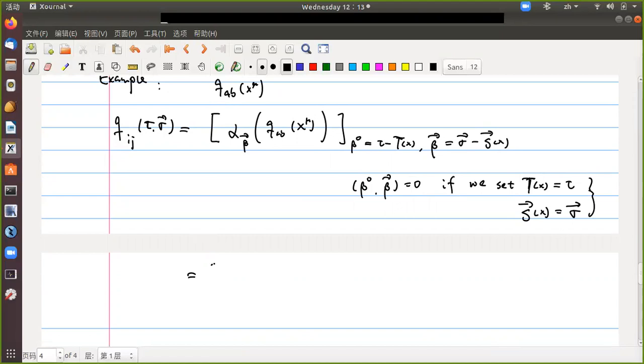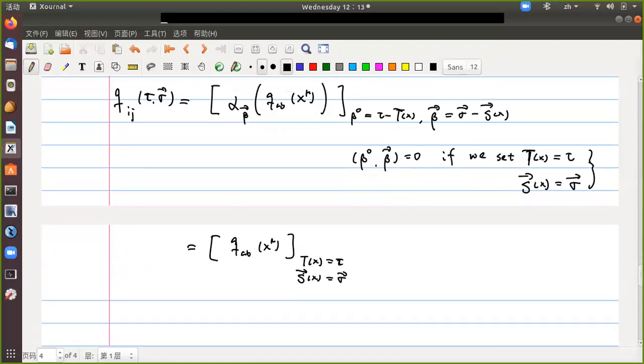So now the formula becomes much simpler. QAB is mu, and so Tx equals tau, Sx equals sigma.